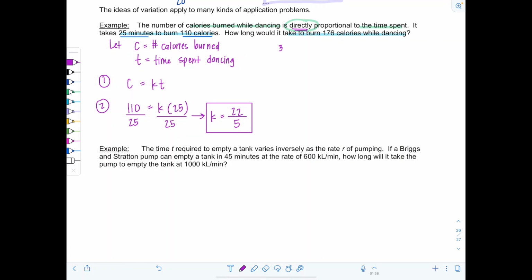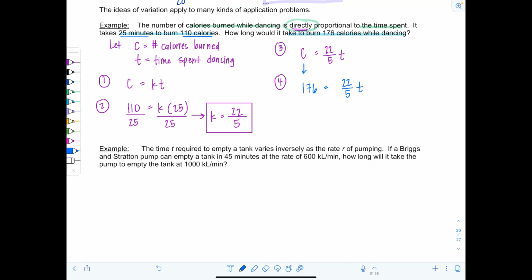Okay, so step 3, let's rewrite the variation equation, but now I'm going to replace K with 22 over 5 times T. And then the last thing it asks is how long would it take to burn 176 calories while dancing? So now I'm going to replace C with 176, and that's equal to 22 over 5 times T. Well, how would I get T by itself?